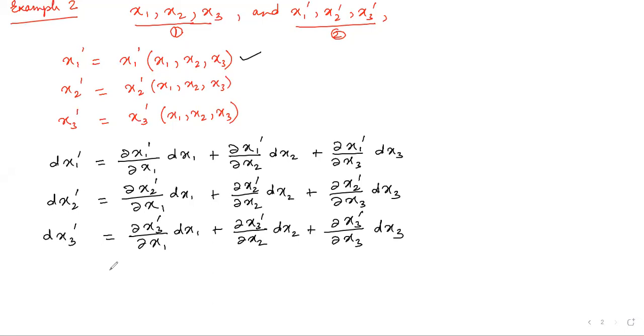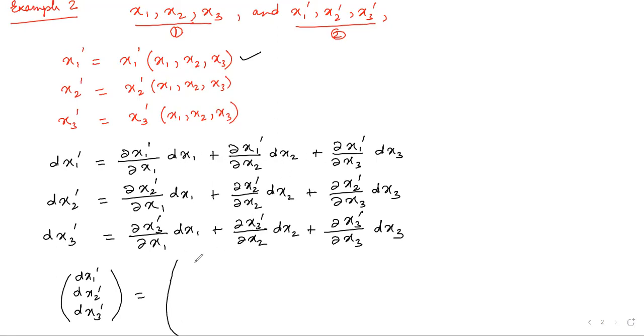Okay, we can write it in a simple matrix form like we did earlier. So let me write it here. It would be dx1 prime, dx2 prime, dx3 prime equal to a matrix.